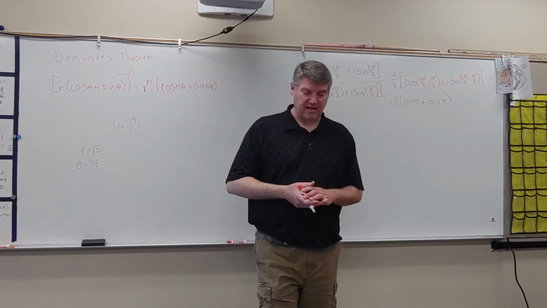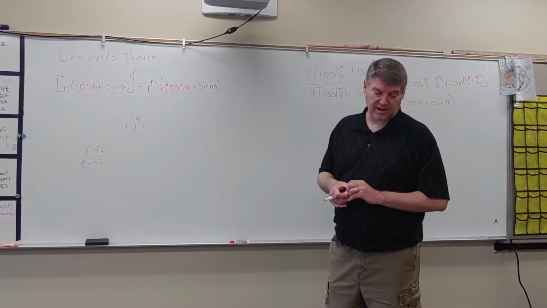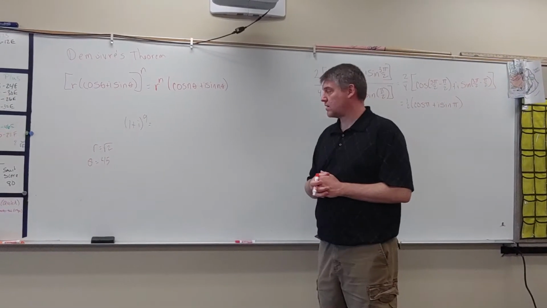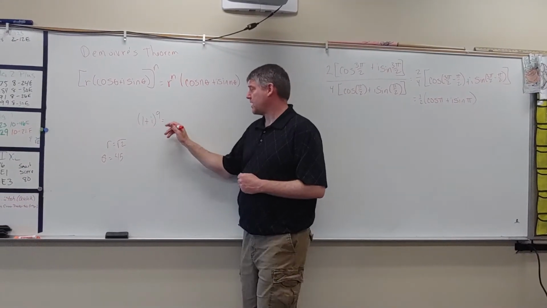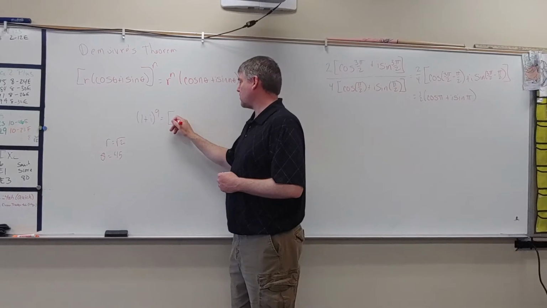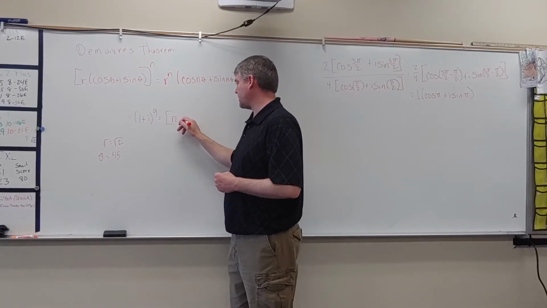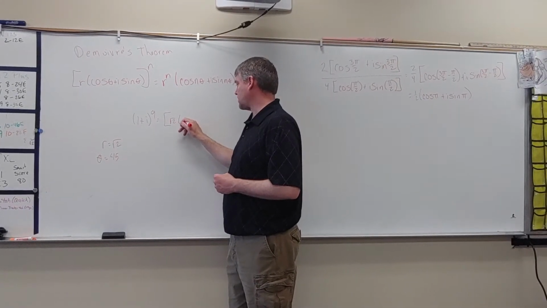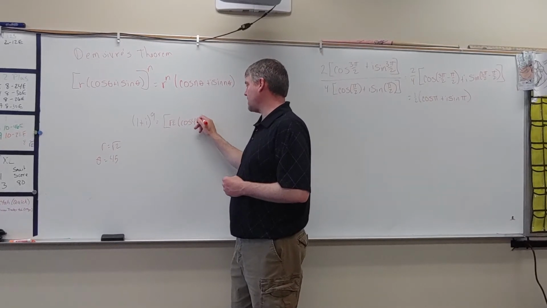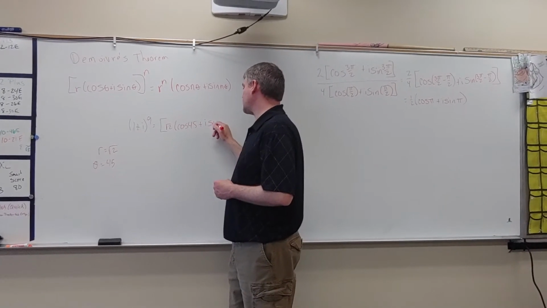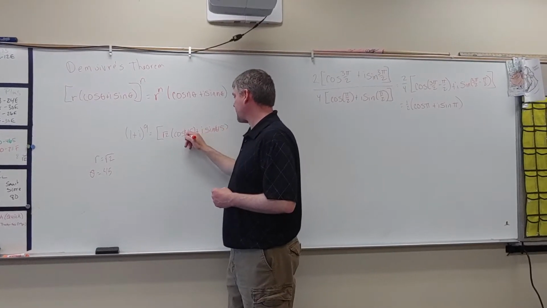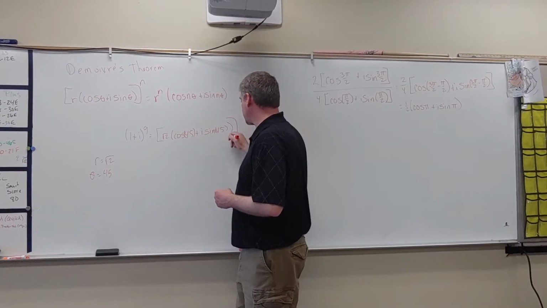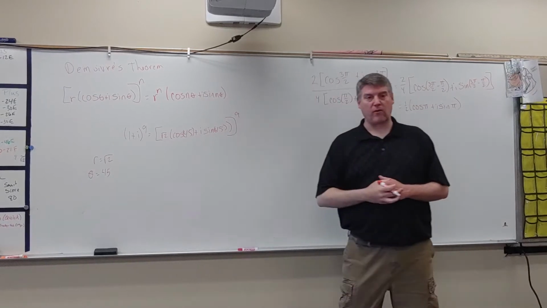It would be the same as pi fourths in radians, but we'll leave it in degrees. So I'm going to convert this into trig form first. So square root of 2, and then this becomes cosine of 45 plus i sine of 45. And we're going to take that whole thing and raise it to the 9th power.